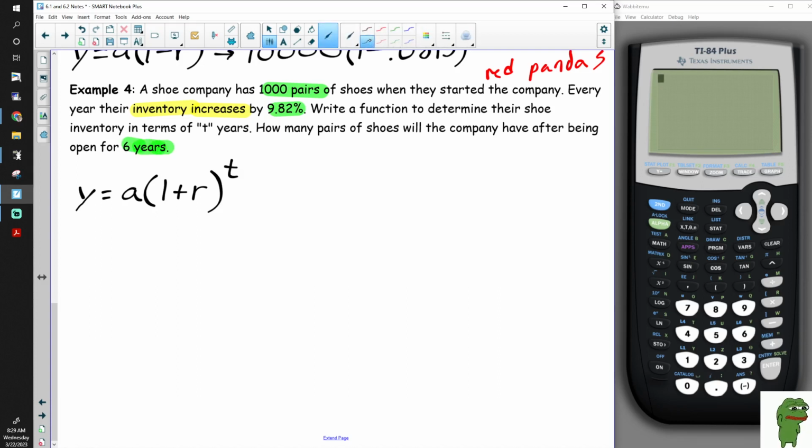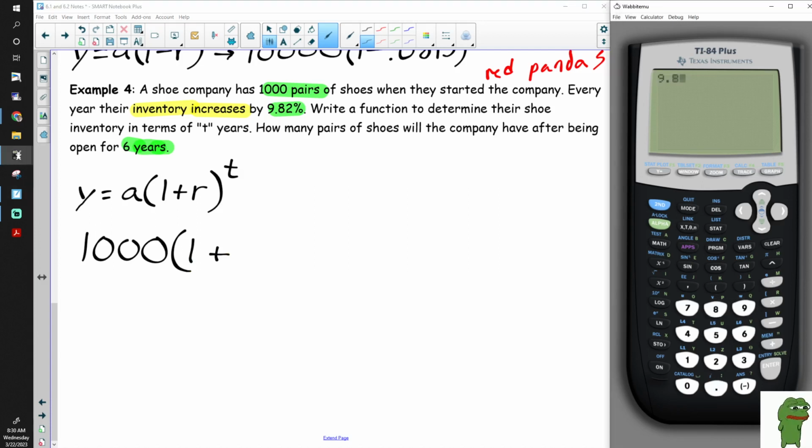Now we plug and chug. So 1,000 pairs of shoes. Always 1. This time it's growth, so we use a plus. And we need to take our decimal, 9.82, and we need to divide it by 100. If you forget to divide your rate by 100, you'll get some wacky answers.